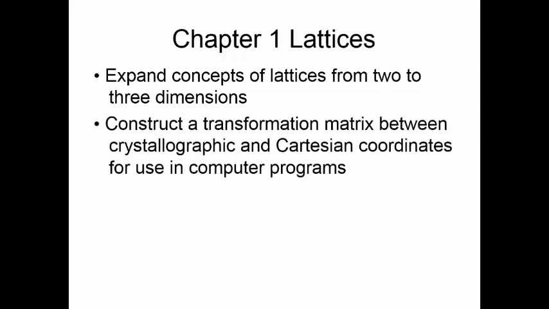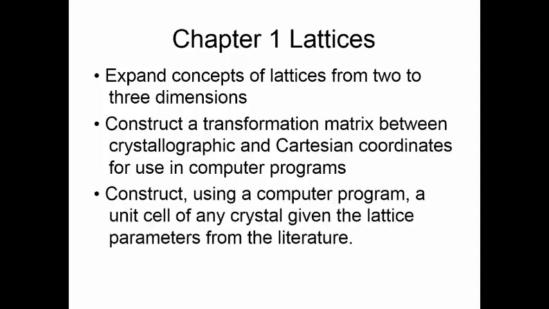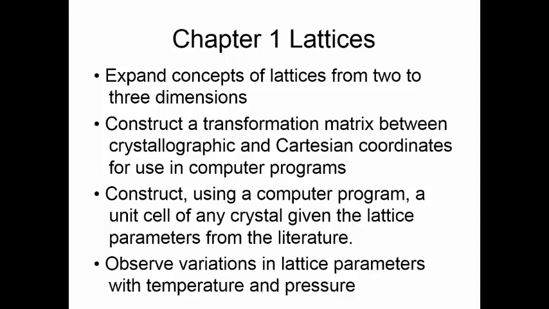We will construct a transformation matrix between the crystallographic and the Cartesian coordinates so that we can use computer graphics. And we will construct, using computer programs, a unit cell for any crystal, including your own special crystal, given the lattice parameters from the literature.